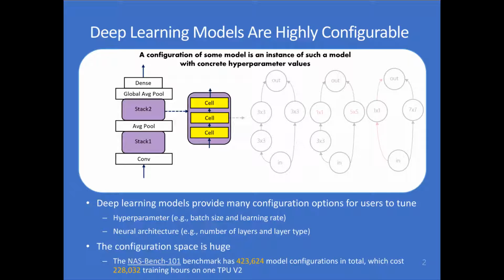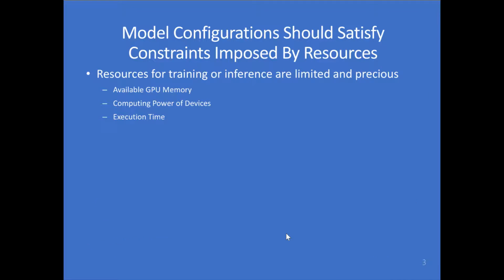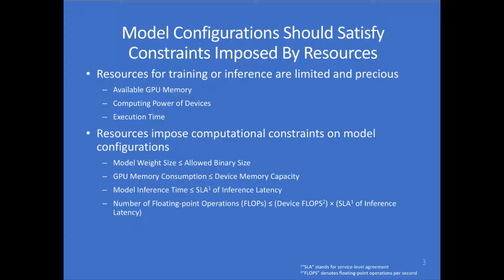According to current trends, the configuration space becomes huge. For example, the NASBench 101 benchmark has lots of model configurations in total, which cost huge training hours on one TPU. Resources for training or inference, such as available GPU memory, computing power of devices, and execution time, are limited and precious.